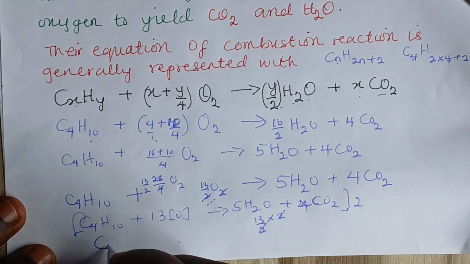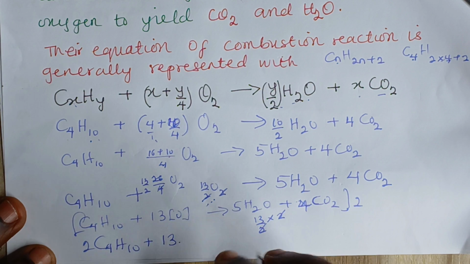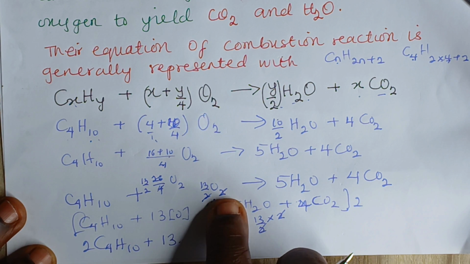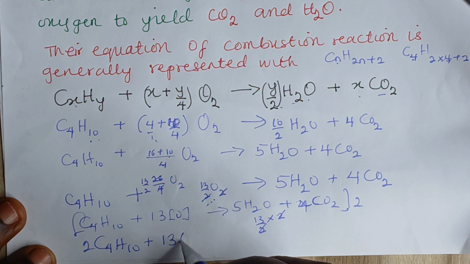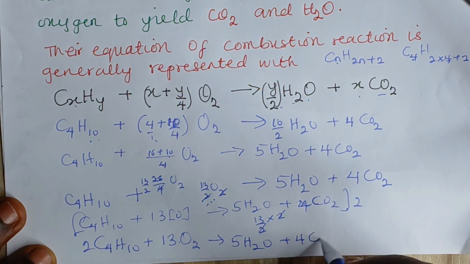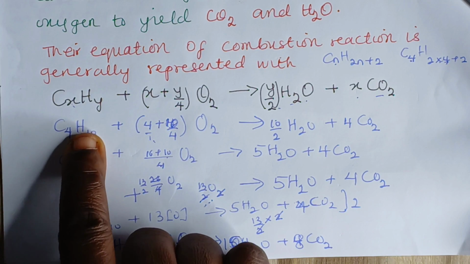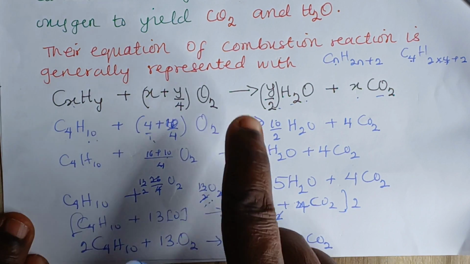So we have 2C4H10, because we are multiplying by 2, and the 13 over 2 becomes 13 with the 2 cancelled out, so 13O2 is left. The 2 has been restored because oxygen is diatomic, to give 10H2O and 8CO2.